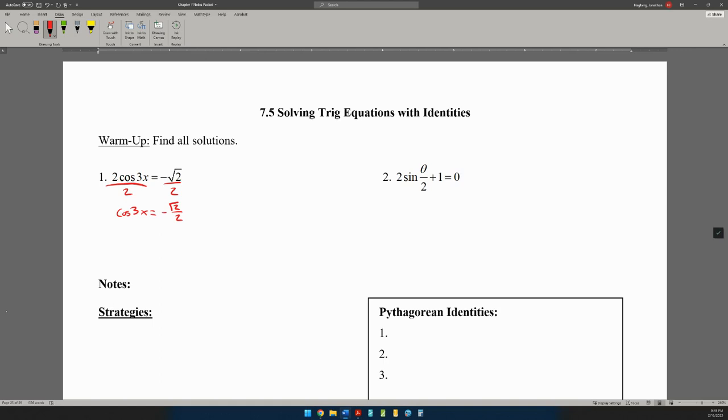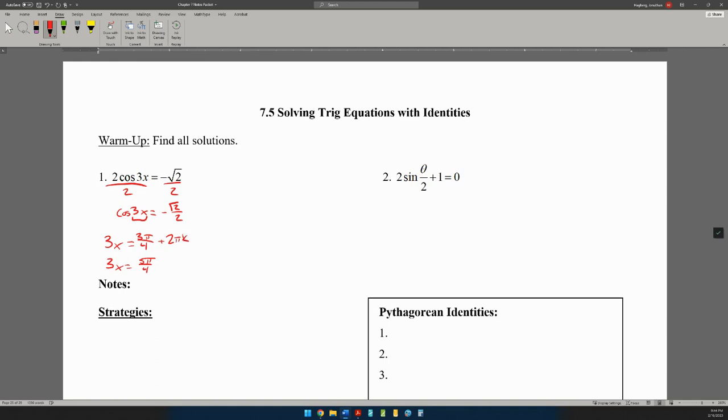And so we have to ask ourselves, where is the cosine equal to negative root 2 over 2? The answer here, we get 3 pi fourths, and we get 5 pi fourths. Now this is equal to 3x, the argument of the cosine, and we also have to consider all solutions, all coterminal solutions.